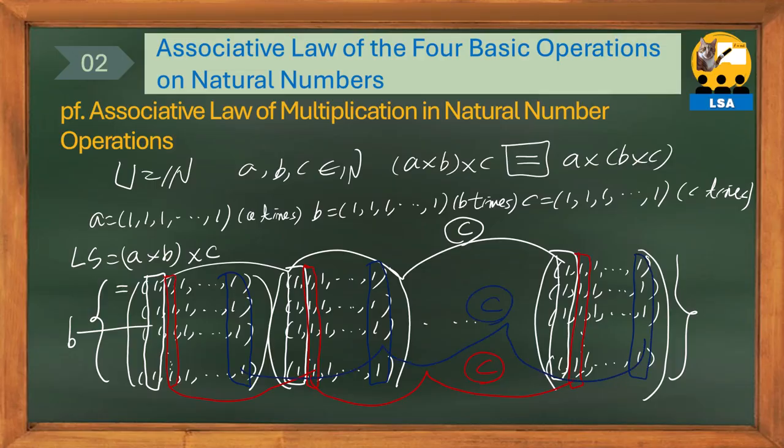If we represent this structure as an operation, first, since there are c groups with b ones, it can be represented as b times c. Also, since there are a of these gathered, it is the same as repeatedly adding the whole, so it can be represented as (b times c) times a.